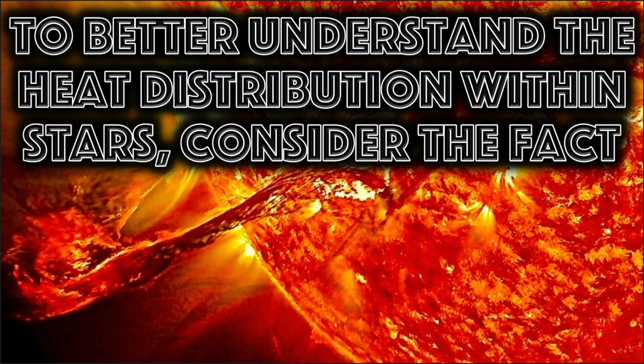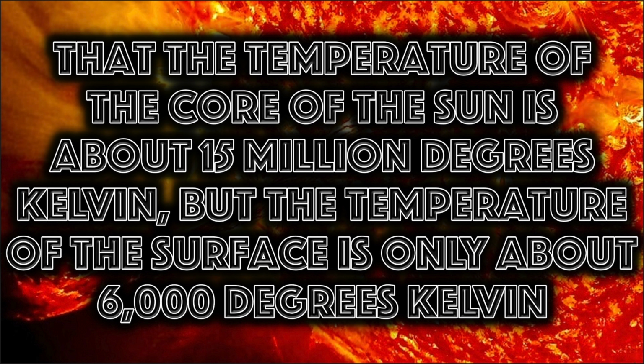To better understand the heat distribution within stars, consider the fact that the temperature of the core of the Sun is about 15 million degrees Kelvin, but the temperature of the surface is only about 6,000 degrees Kelvin.